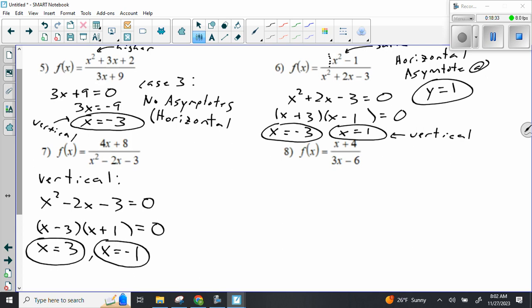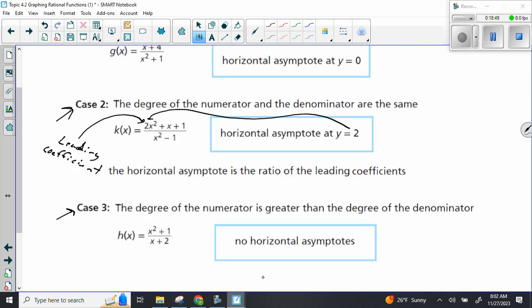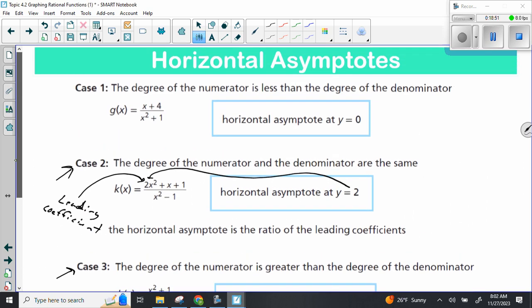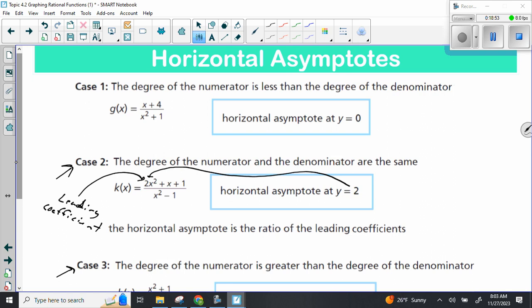Let's look at horizontal asymptotes. It looks like the degree of this is now less, right? The degree of my numerator is less than the degree of my denominator. We have a rule for that. I wouldn't be surprised if it's case 1. Let's look. The degree of the numerator is less, right? This is x to the first power, that's x to the second power.